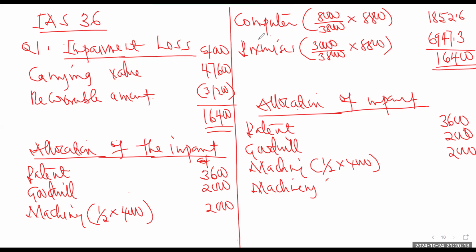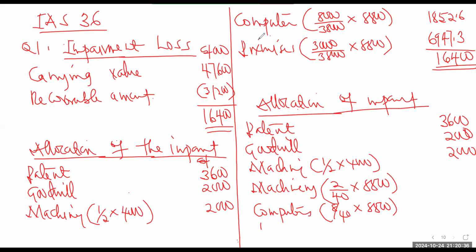So someone will say 2 over 40 multiplied by 8,800. Then we'll have computers to be 8 over 40 multiplied by 8,800.